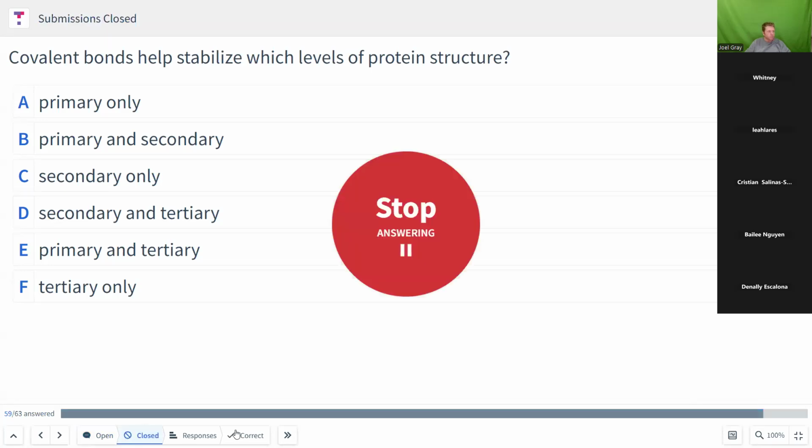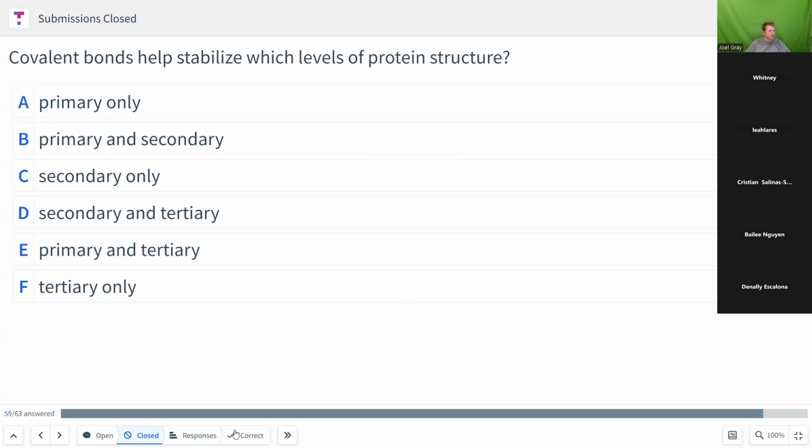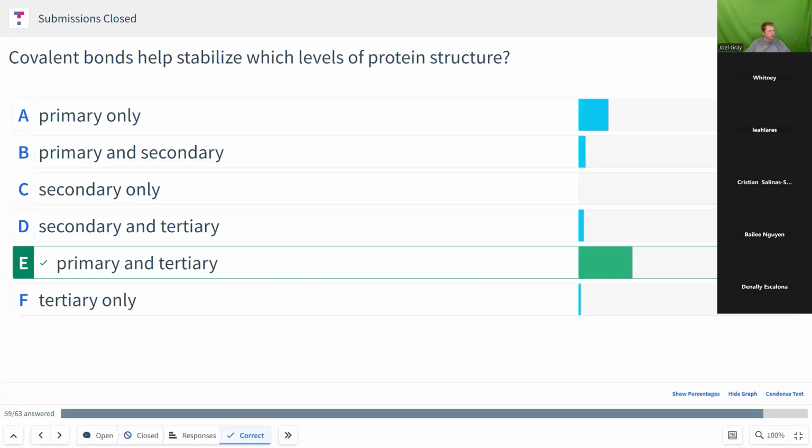And let's check out. So we're talking about covalent bonding stabilizing which levels? Well, we know it's going to stabilize the primary, but we also have the tertiary structure. The reason that we also have the tertiary structure is because you can have a disulfide bond. So it's going to stabilize the primary and the tertiary structure.